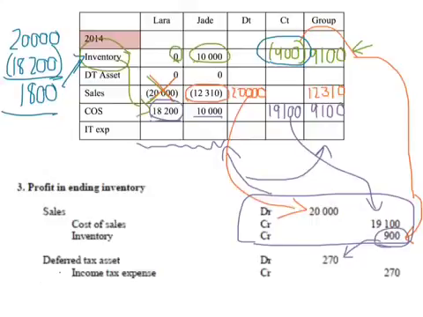It is a deferred tax asset. The reason being because the carrying amount of the inventory has been reduced, tax benefits are expected in the future when that inventory is sold. Okay, and the corresponding adjustment to the income tax expense line item.